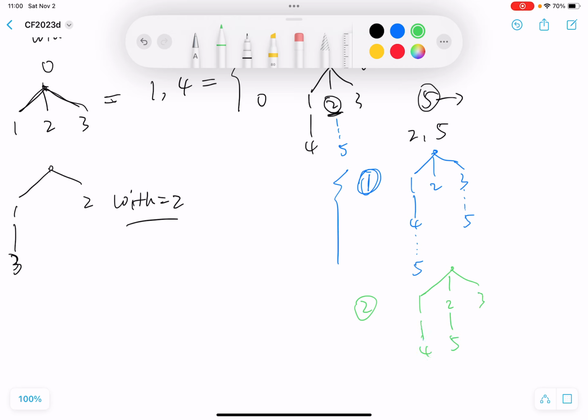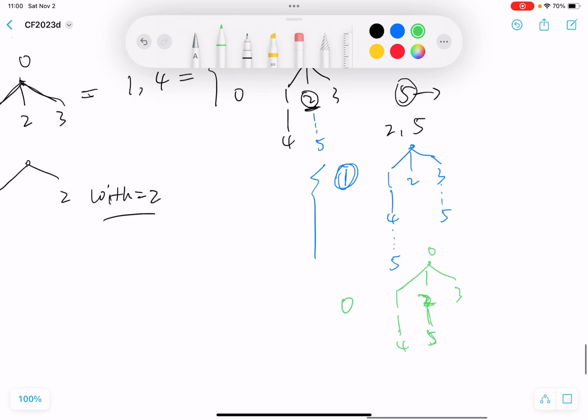If it returns 0, that means between 2 and 5 there is no 0. That means 5 will be the child node of 2. So this is the way we can check the next step.